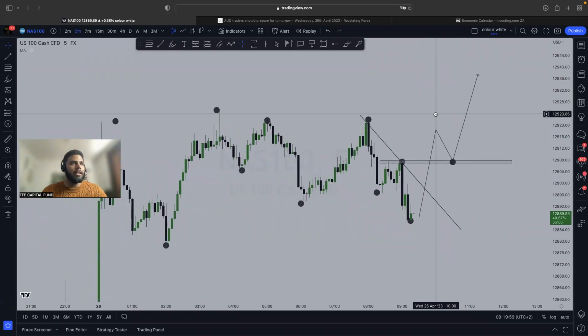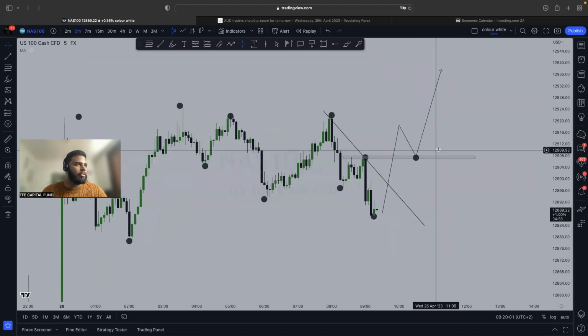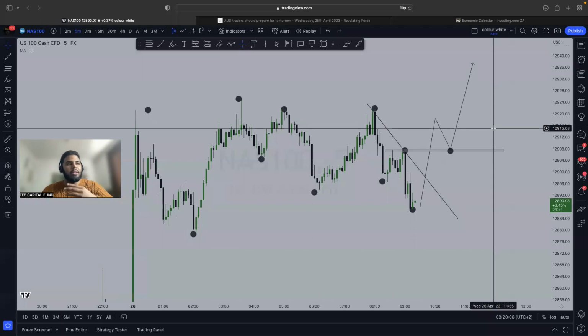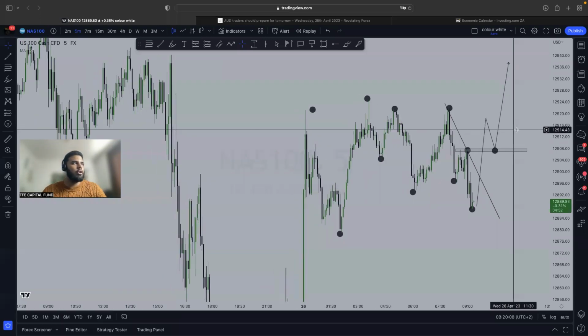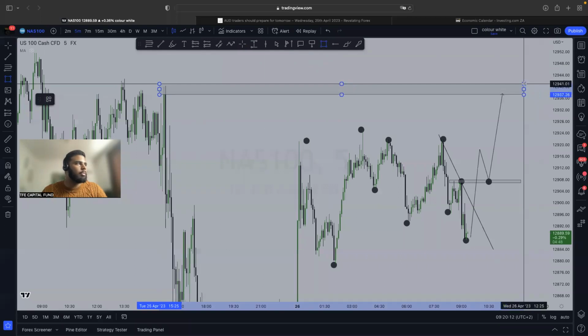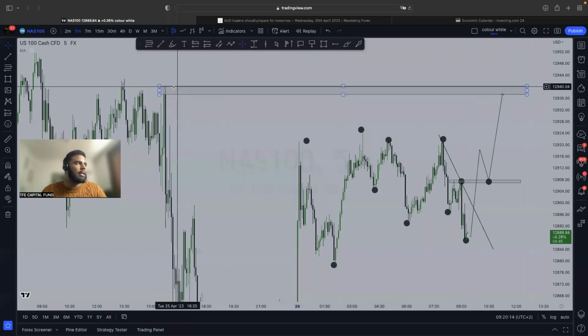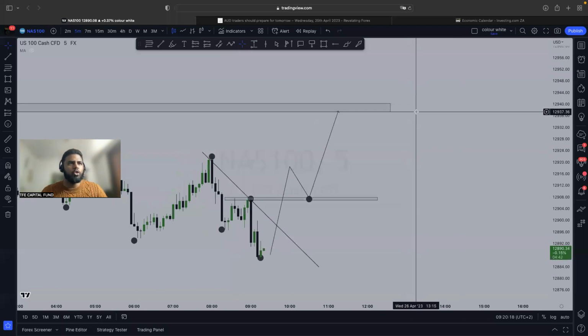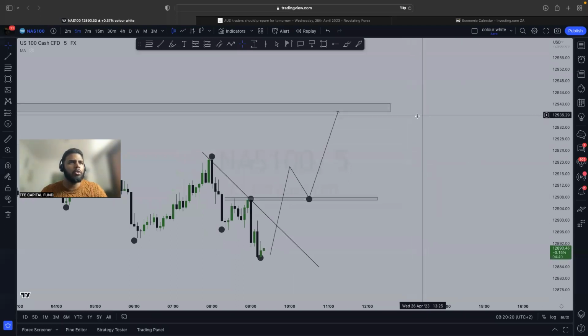I can't tell you exactly where yet, because I can't put my Fibonacci chart on to predict where price will go, but if I use price action, I can say this region of top right here, where the market had a nice sell off, could potentially be a target, which will be around 12,940.